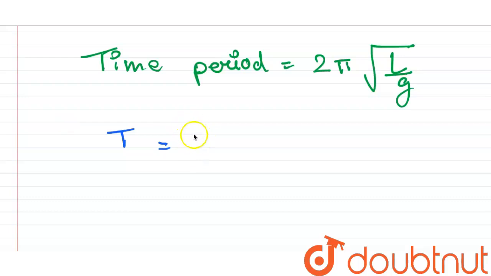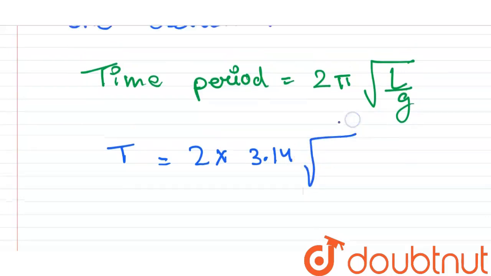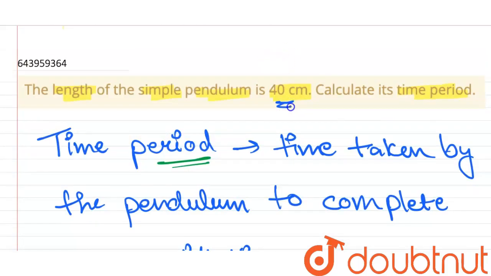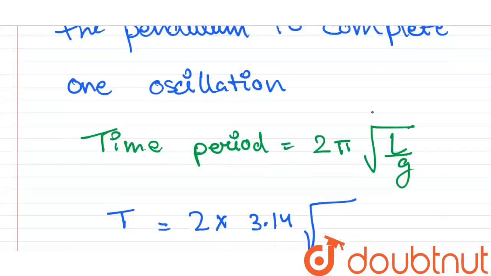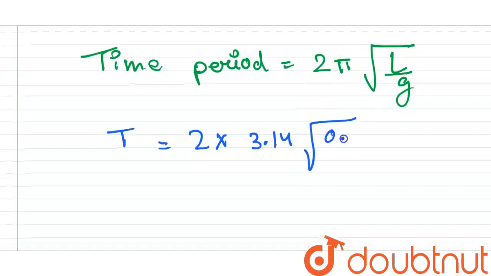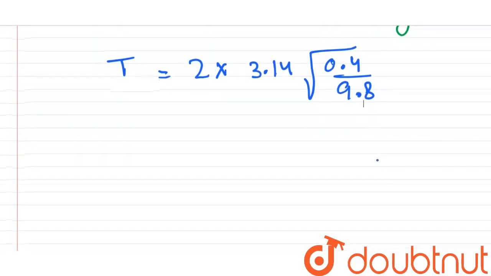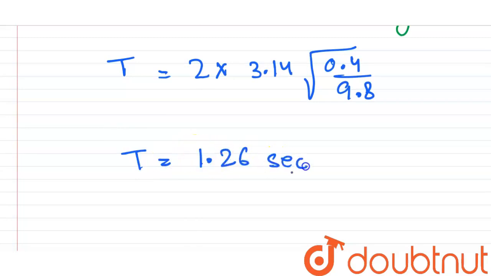So time period will be given by 2 into pi, that is 3.14, under root length is given to us as 40 centimeters, that is 0.4 meters. So length is 0.4 and gravitational acceleration is 9.8 meters per second square. So by solving this, we will get time period as 1.26 seconds. Alright, so this is the time period of the pendulum.